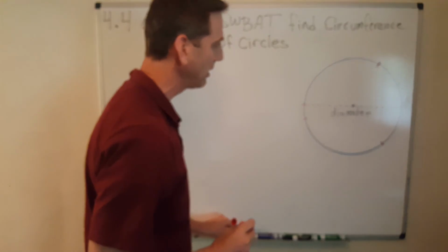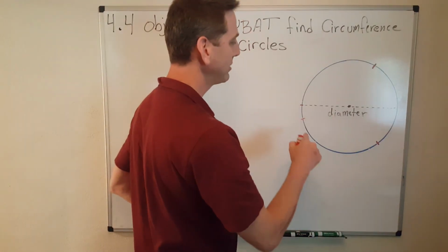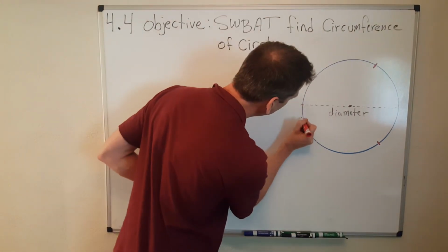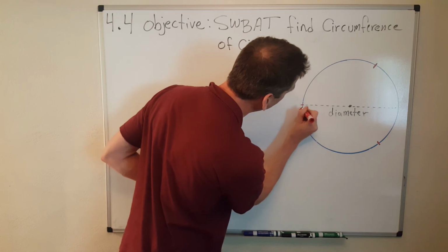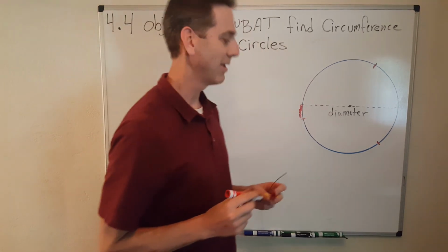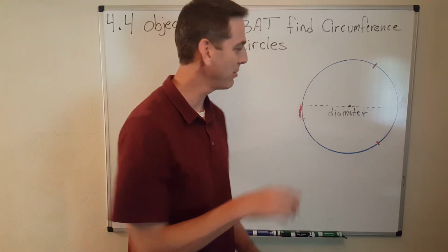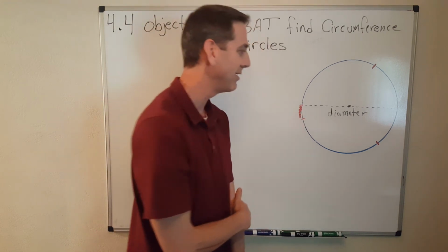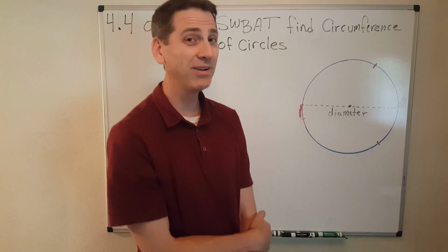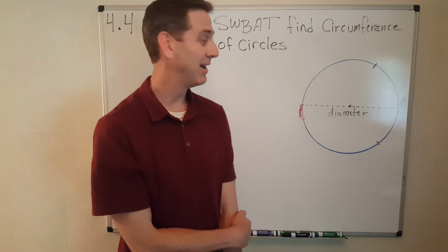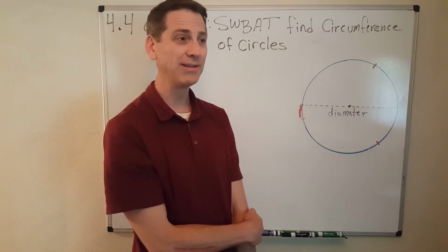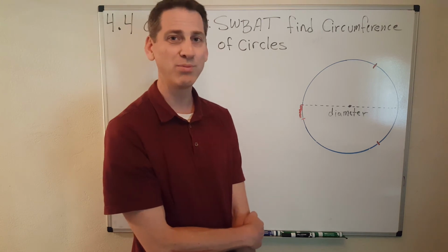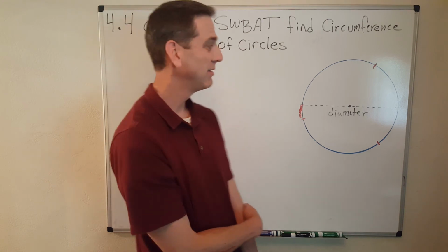So we went 3 diameters plus this amount right there. How many diameters do you think that little space right there is? It's a very, very small fraction of one diameter, right? Maybe 0.1 or 0.2 diameters.